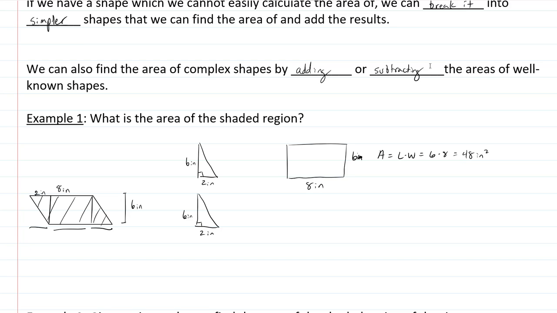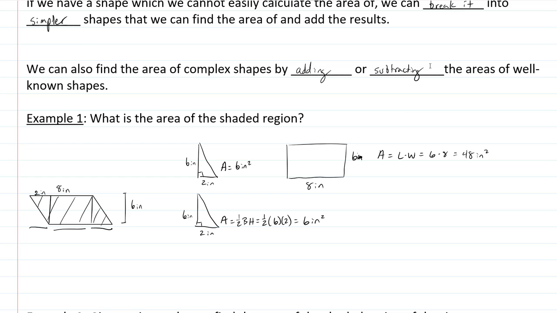And here, the area of each of these is 1/2 base times height, which is 1/2 times 6 times 2, which is just 6 inches squared. So this also has an area of 6 inches squared, since they're identical.